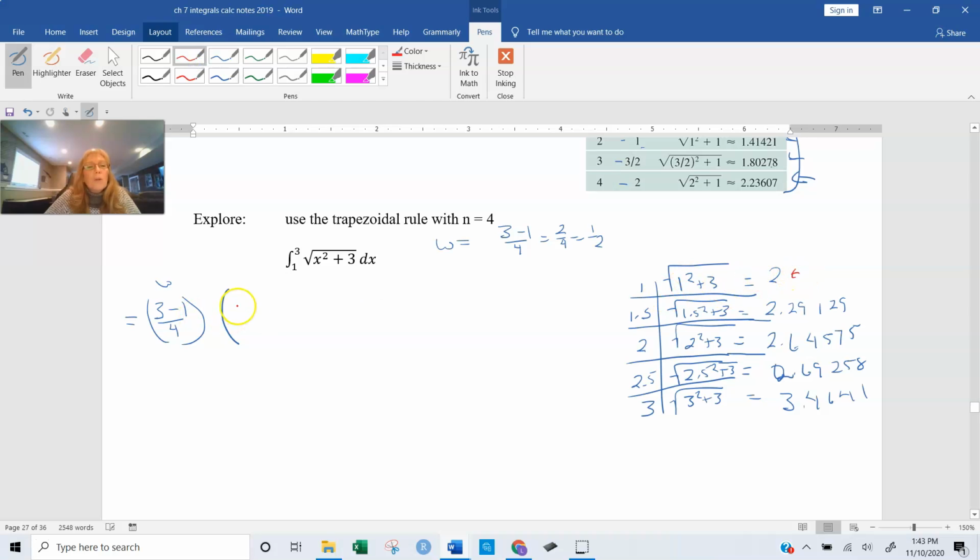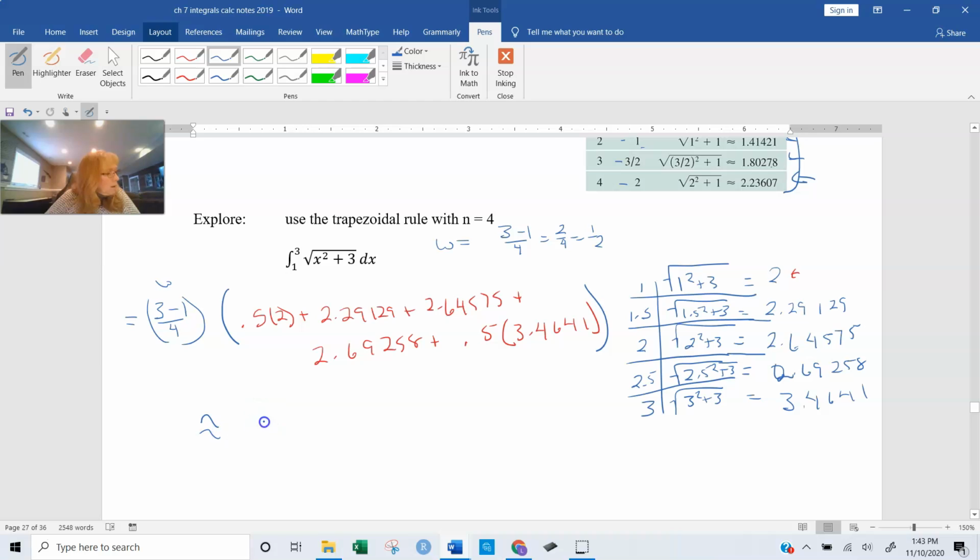So we're starting with 2, so it's 1/2, the first term, plus all the middle terms, 2.29129 plus 2.64575 plus 2.69258 plus half of your last term, 3.4641. All right, now you should take all of this, type it in your calculator, and I got approximately 5.1808. And that's the area underneath this curve and the x-axis.